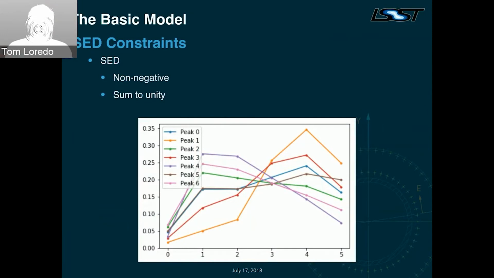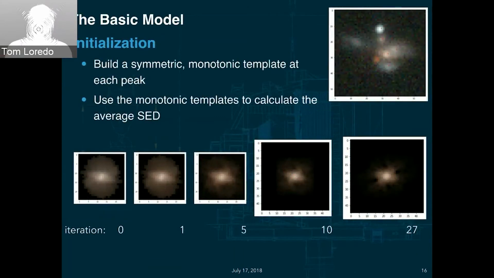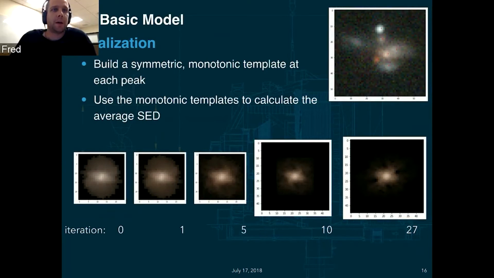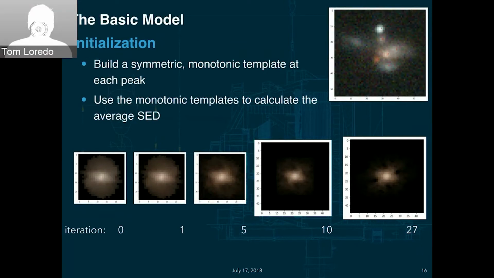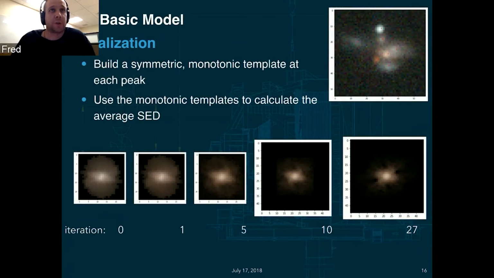Is this done separately in each band then? I'm just trying to figure out how you calculate this SED from these templates. Okay. Initially, we make a weighted coadd, you could say, for the source. You take each band and make a rough footprint, and because this is just an initial guess, we just say, what's the monotonic solution for this?